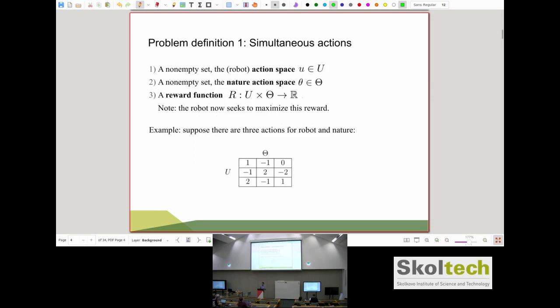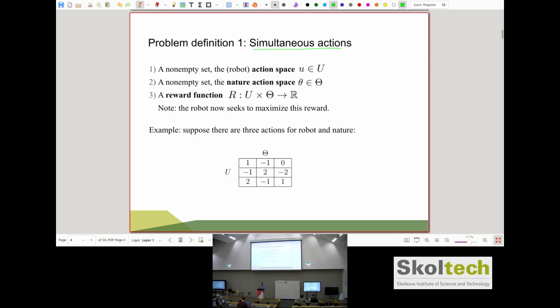So if now we agree that we have these two entities or two decision makers, we can make two kinds of distinctions. Distinctions mean how these games are going to be played, or what these plans are going to look like.